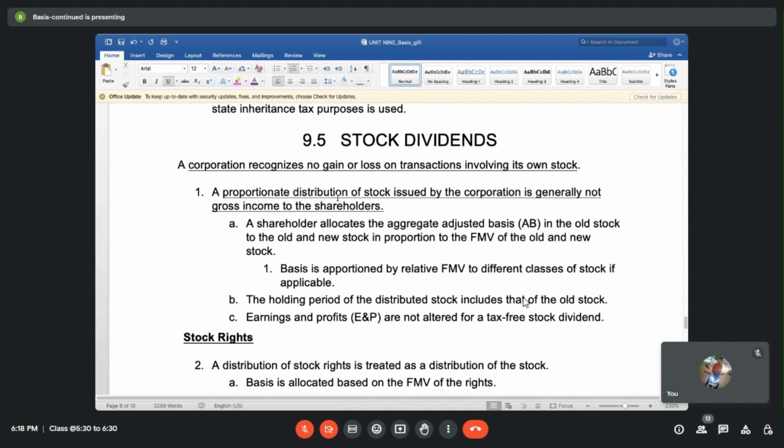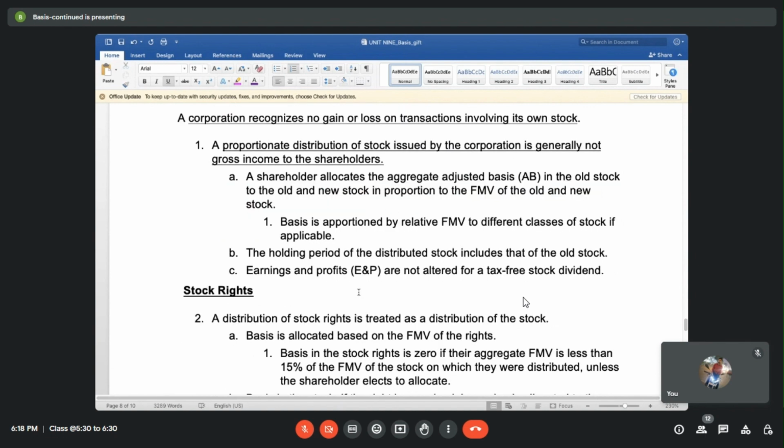Because there's a proportionate distribution. Everybody gets the same, and that's what happens in stock splits. All the shareholders on the record will get extra shares as per the ratio they decide. Or if there are any bonus shares issued or whatever, right? So if there is a proportionate distribution, then it is not an income. It's just that your number of shares earlier was 100, now it is 110.